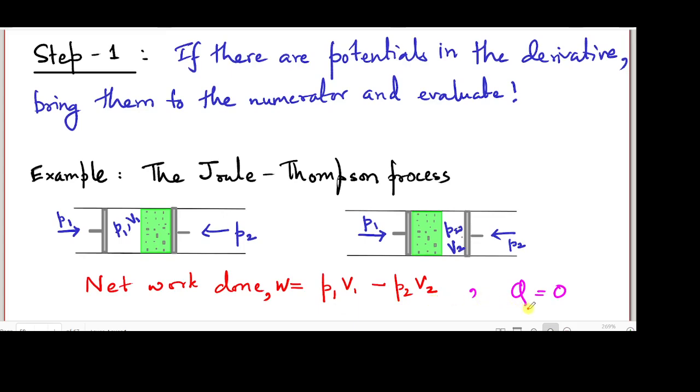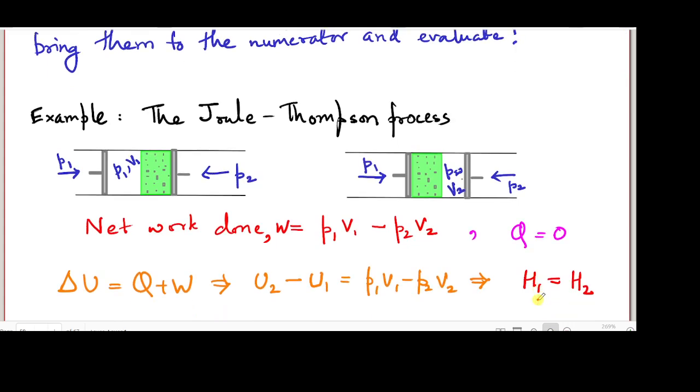But note that here the heat flowing in is 0 because the whole thing is in an adiabatic enclosure. Therefore, the change in internal energy delta U is simply Q plus W, the heat flowing in plus the work which is being done on the gas.